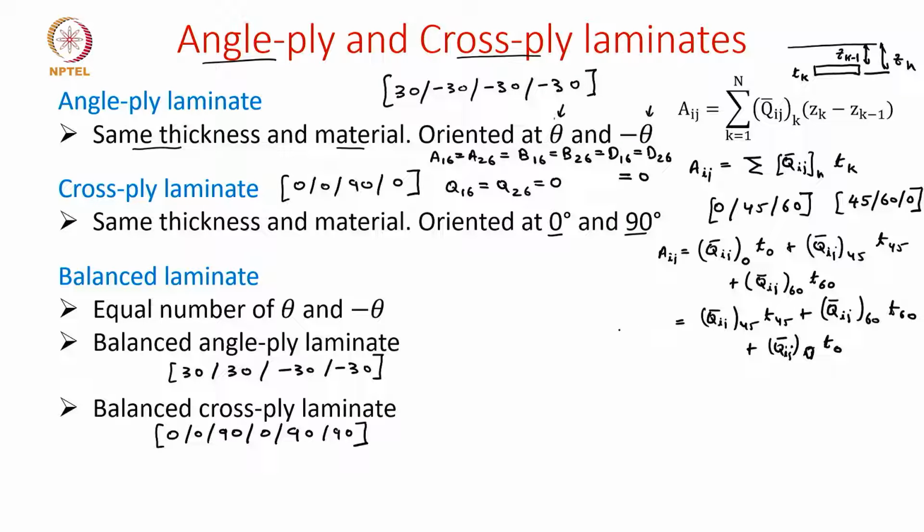So we notice that this Aij is written as a sum of three terms, and for both laminates these three terms are the same. The only difference is that the sequence of the terms has changed. So essentially what we are trying to say is, the A matrix is independent of the sequence.